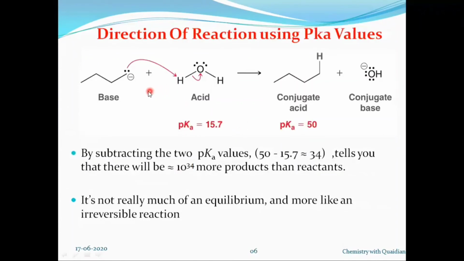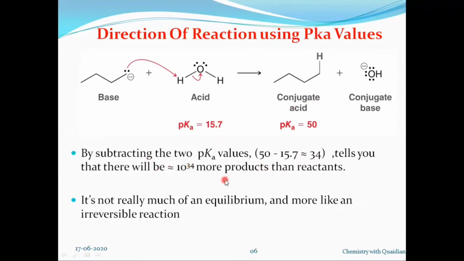Now consider this reaction in which the base attacks this acid and a conjugate acid and conjugate base will be formed. Now the pKa of water is 15.7, but the conjugate acid formed here will have a pKa value of 50. Now the difference between these two pKa values is very large, almost 34.